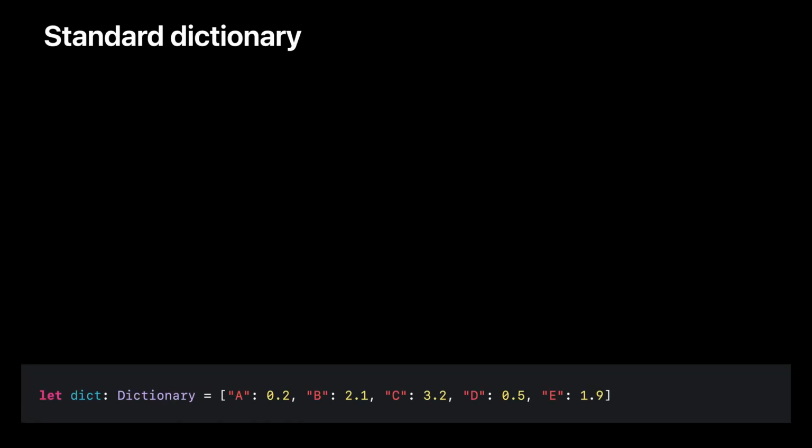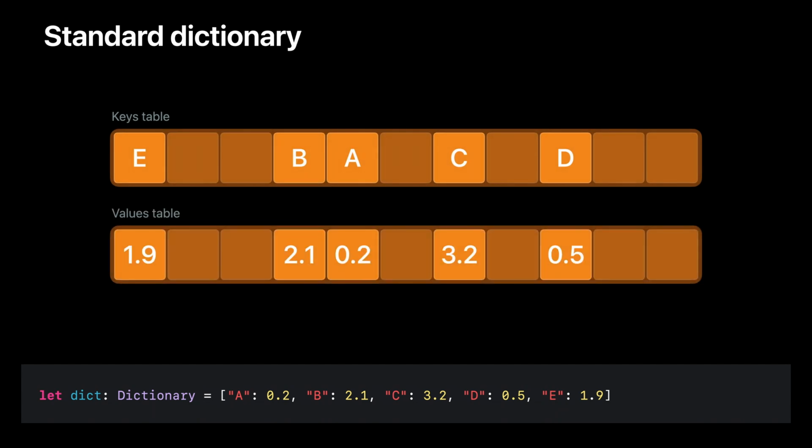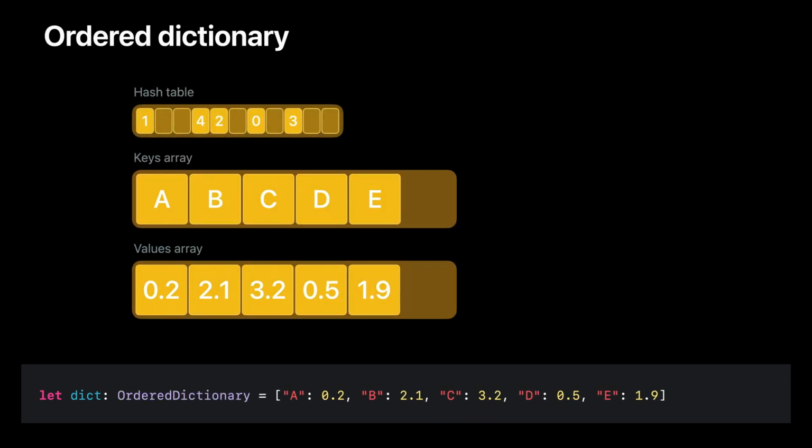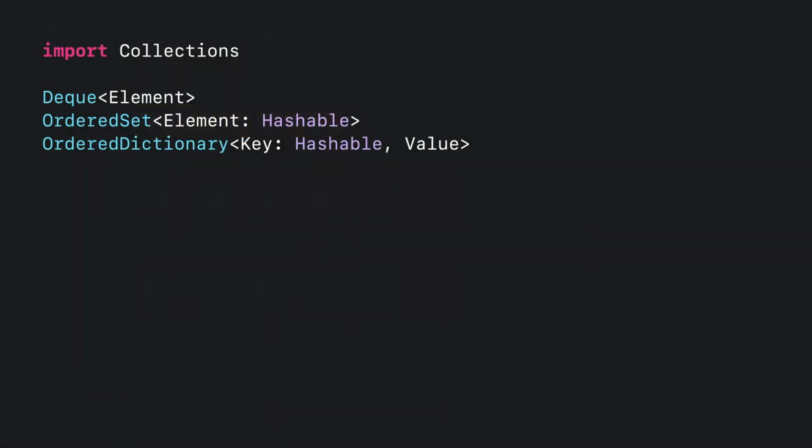Looking at the underlying implementation, while the regular dictionary type uses two separate hash tables for storing keys and values respectively, an ordered dictionary uses a single compressed hash table and two parallel arrays instead. This can save even more space than ordered sets do.